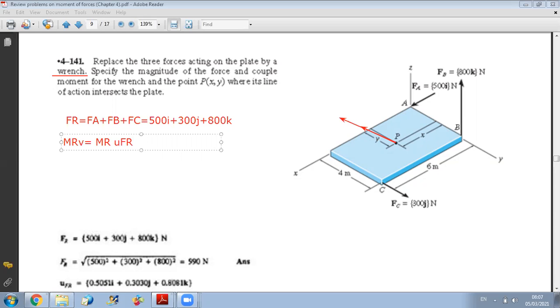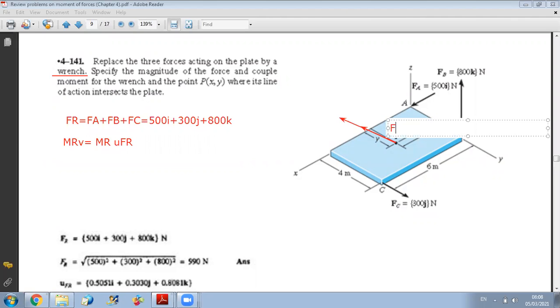Yes, I will. Okay. What is the definition of a wrench? When we say replace by a wrench, this means that we will replace the system of forces acting on the plate by one force, one moment that are collinear. Okay? So here, how do you calculate the resultant force?